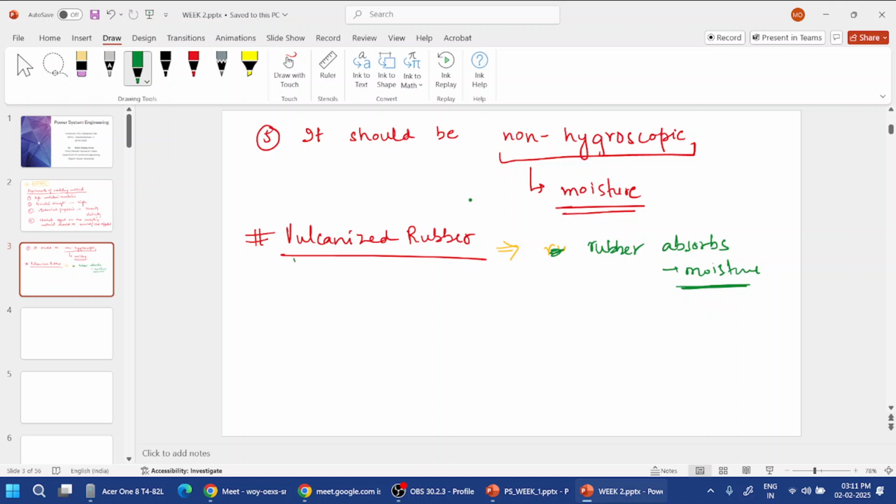But when it is mixed with sulfur and carefully chosen ingredients, it becomes non-hygroscopic.